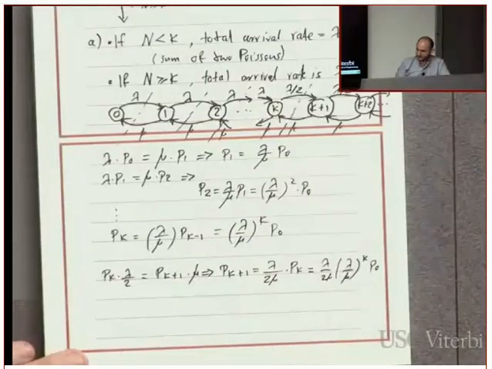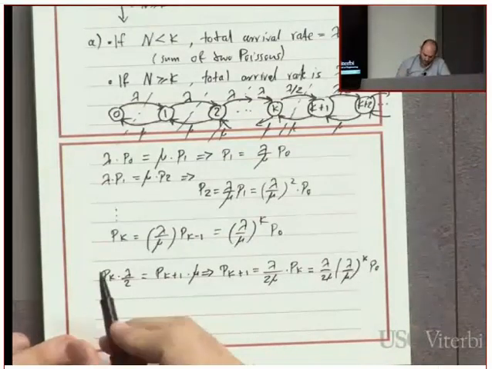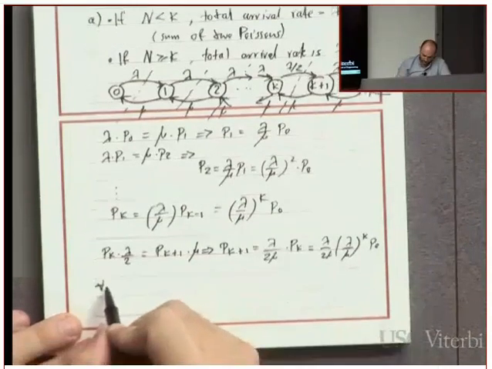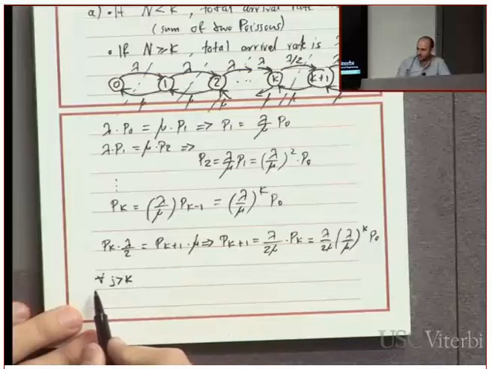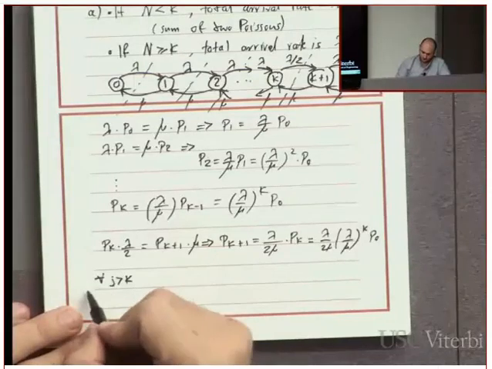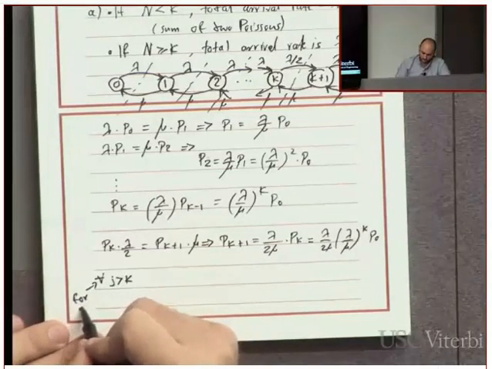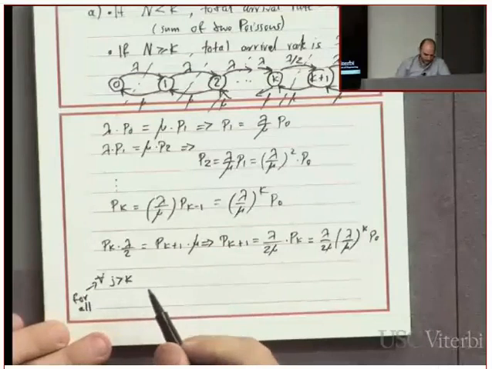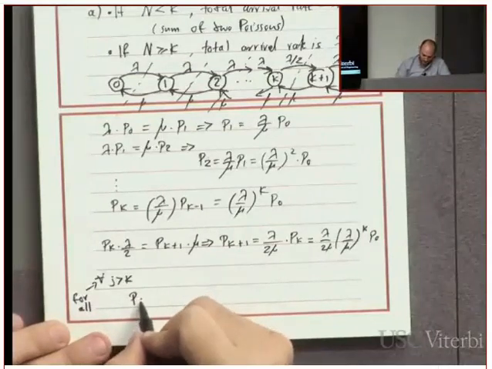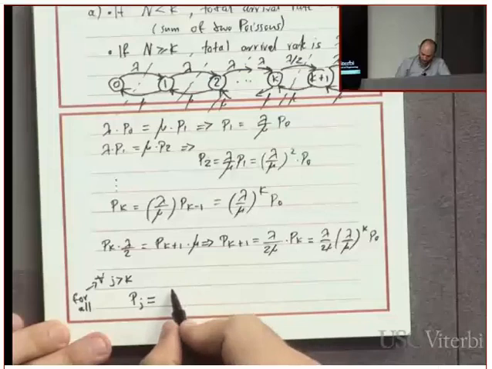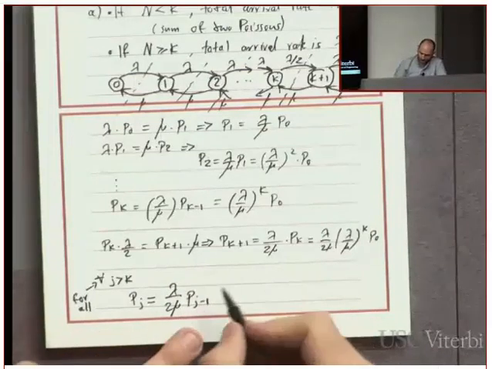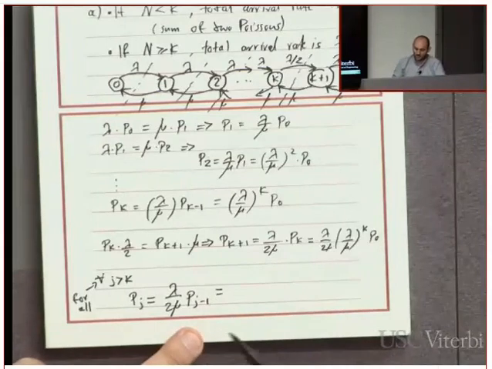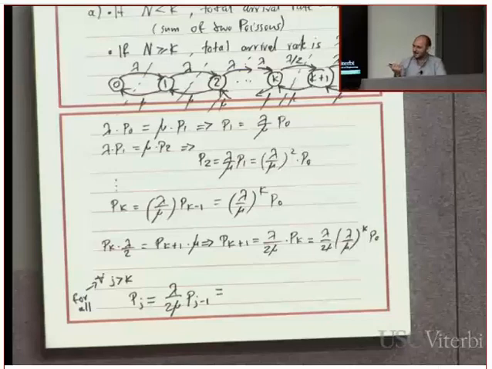Okay, good. So next step: what is the generic case from k and above? We can generalize. We can say that for all j greater than k, do you recognize the symbol? For all j greater than k, the formula is Pj is equal to lambda over 2 mu Pj minus 1. Now, how do we count the states here? We want to use the result for Pk.